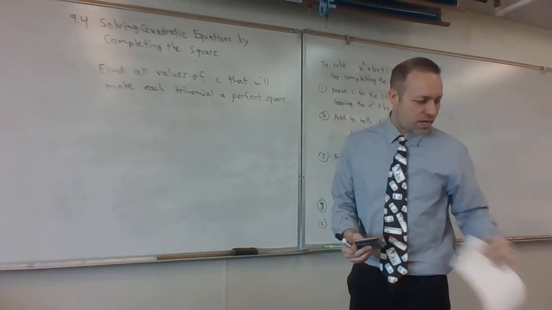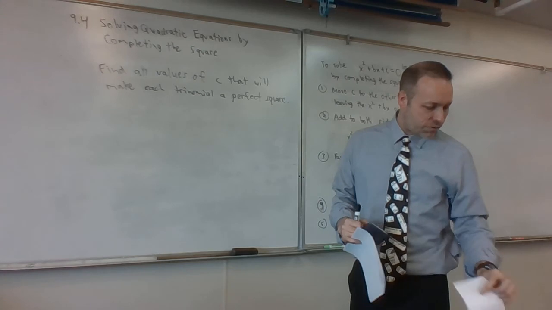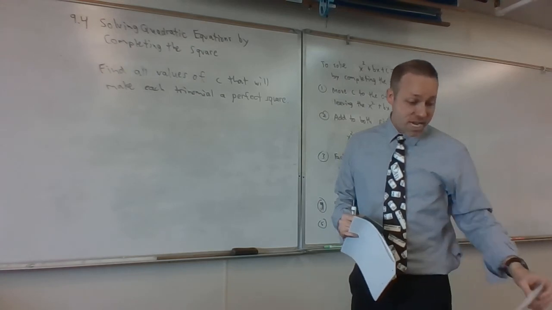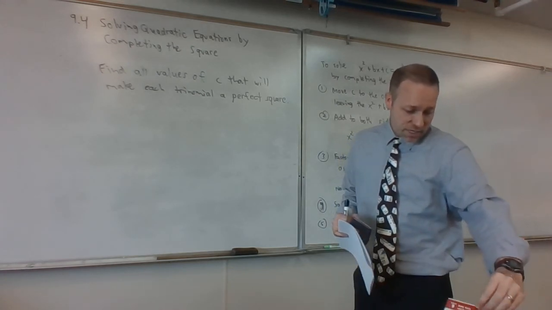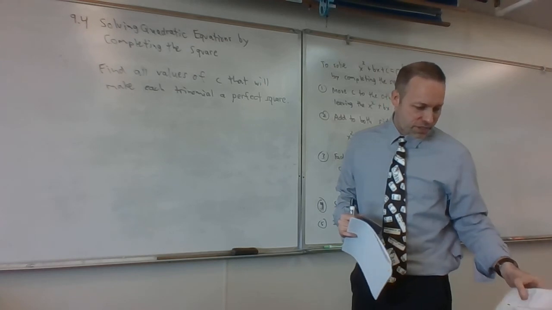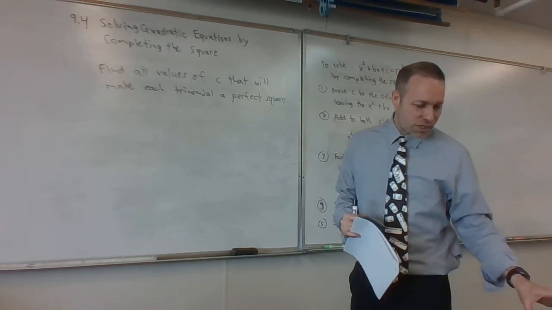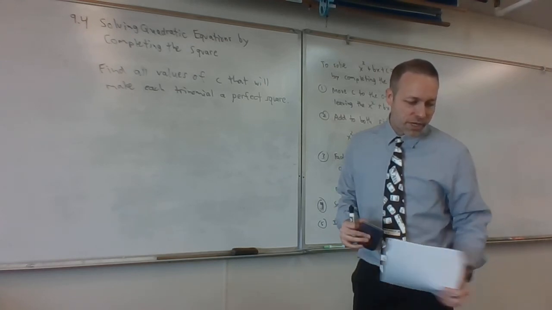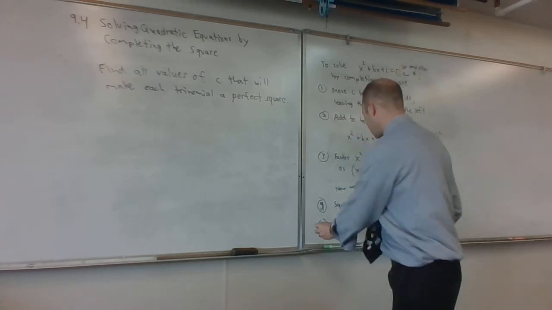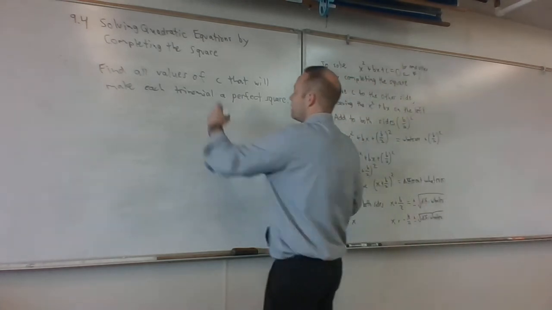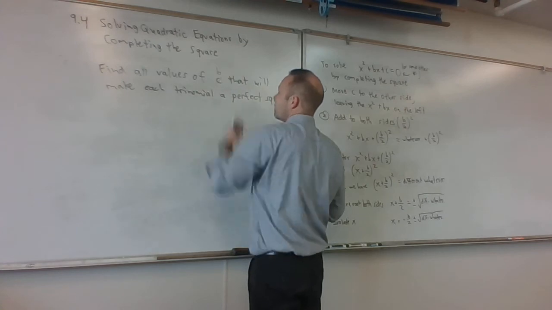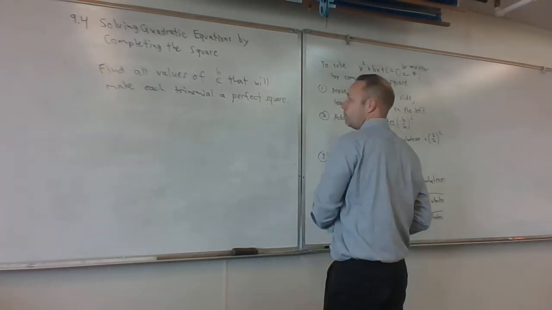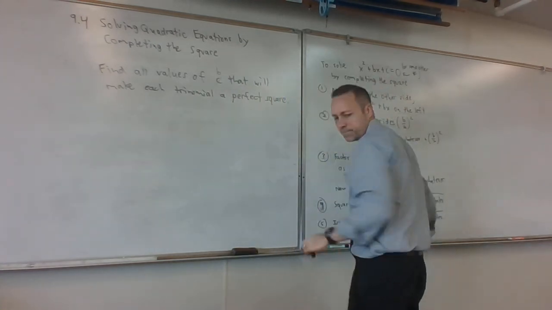In hindsight, I wish I would have changed this to using B instead of C, because it's potentially confusing to use a C here when it's in the B spot. So let's pretend that it's written as: find all values of B that will make each trinomial a perfect square.